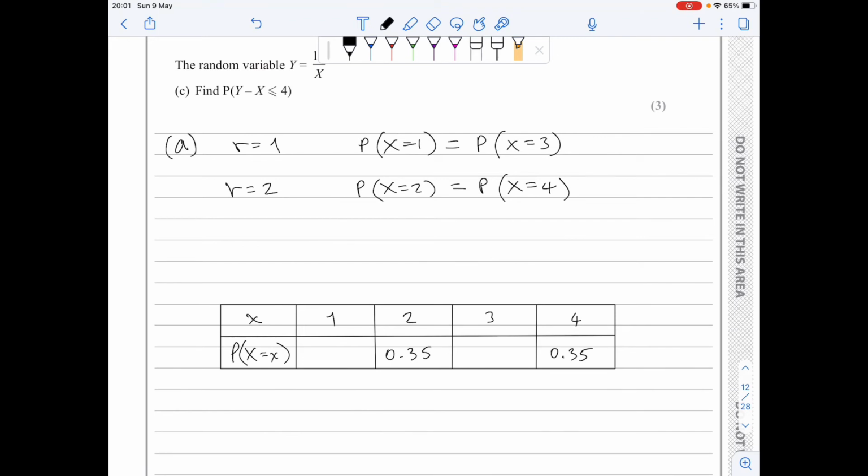Now the other two probabilities are again equal based on this statement, and I know that all the probabilities should add up to 1, so I'm going to calculate 1 minus 0.35 plus 0.35 and then divide by 2. This will give me 0.15, and this is equal to probability of X 1 and 3.